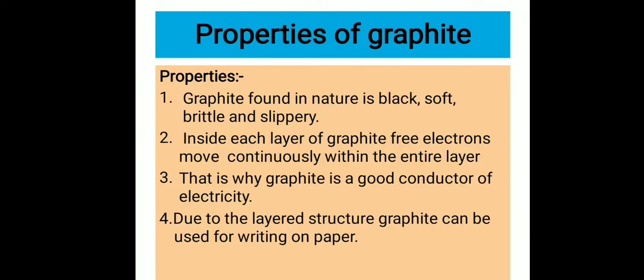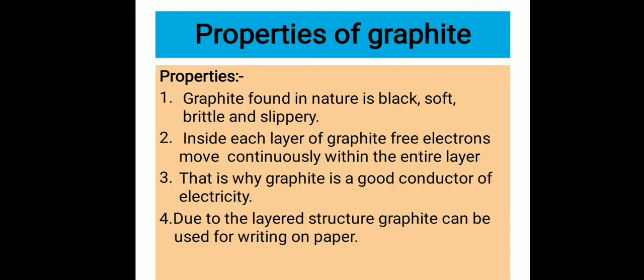Now, properties of graphite. Graphite found in nature is black, soft, brittle and slippery. As I told you, inside each layer of graphite, free electrons move continuously within the entire layer. That's why graphite is a good conductor of electricity.